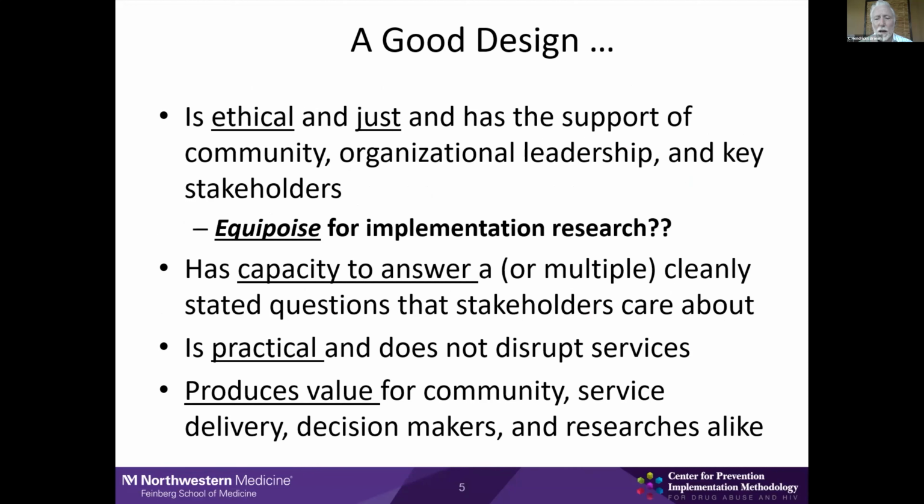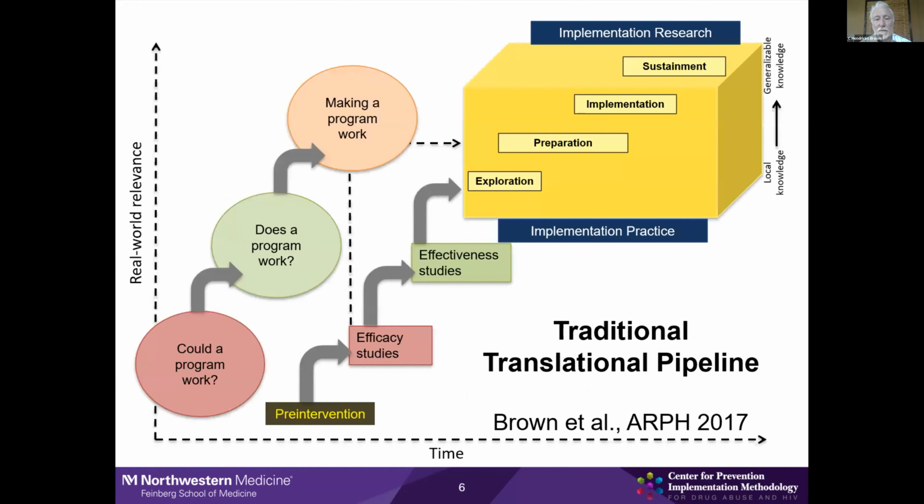And here, I'll talk a bit about that later on, because in implementation science, even what it means for equipoise is quite different. So I'll come back to that as a point later on. Good design has the capacity to answer multiple questions cleanly that stakeholders care about. It's practical. It doesn't interrupt services, so you can't overwhelm people by measurements, and it produces value. Otherwise, why do it? Next.